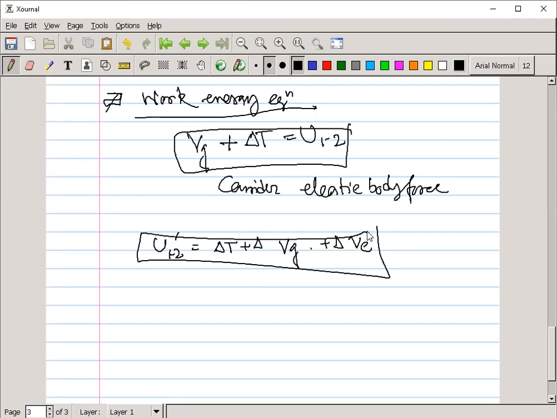Okay. Now for a particle and spring mass system, the work energy relationship is always equal to this.